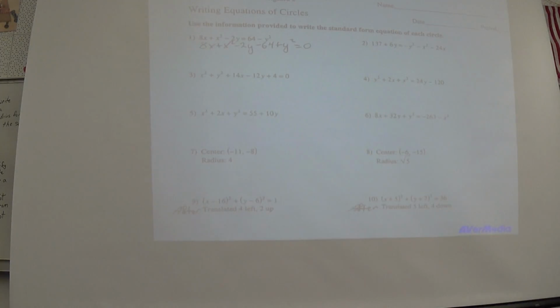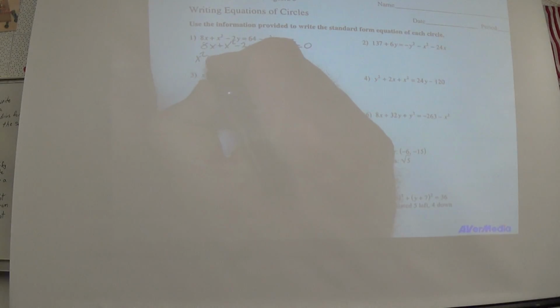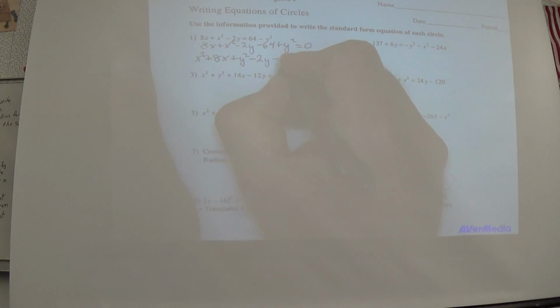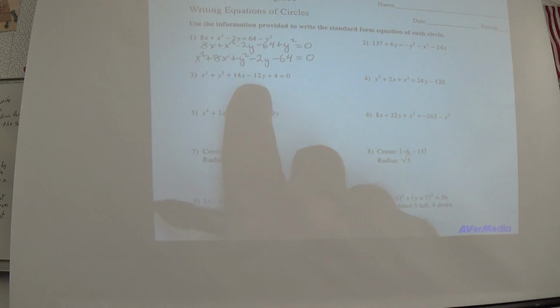The x has got to be next to the x's, the y has got to be next to the y's. So you're going to start off with the x. So you're going to have x squared plus 8x plus y squared minus 2y minus 64 equals 0.